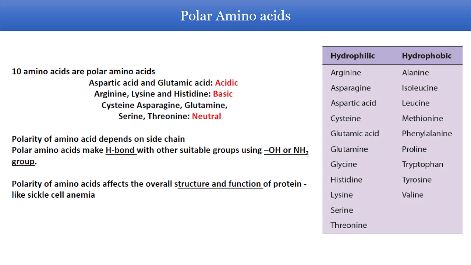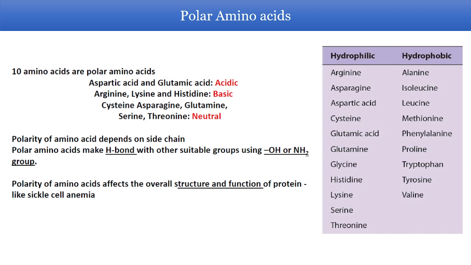The arrangement of the amino acids is very, very important in determining the structure and the function of a protein, because if you have a hydrophobic peptide on the outside of a protein, it would try to run away from the environment that is full of water molecules.